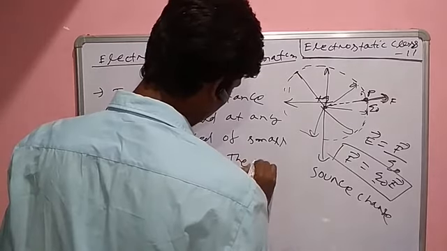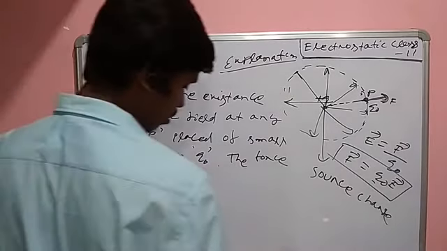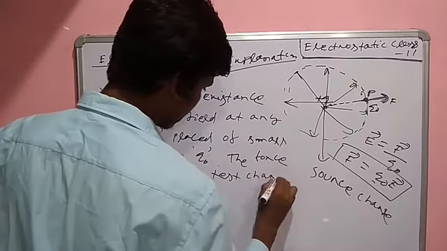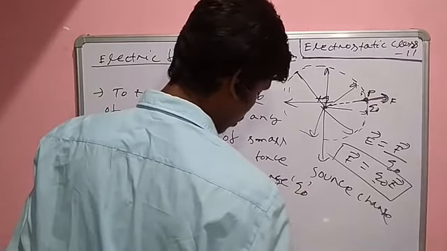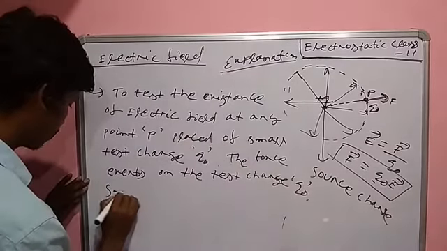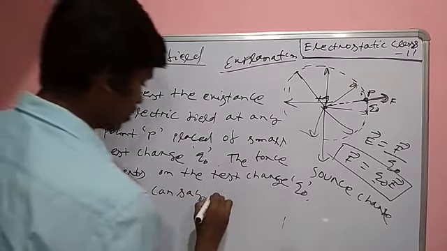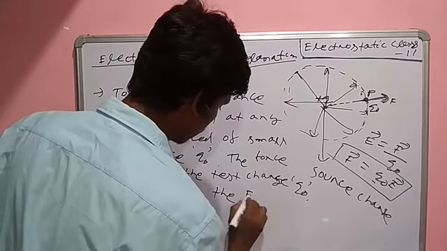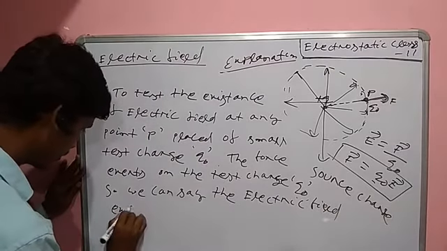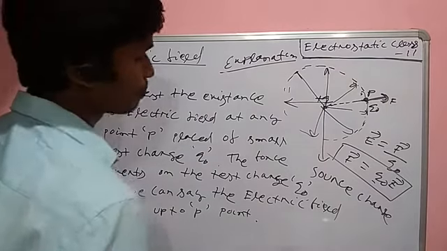The force exerted on the test charge Q0 is observed. So we can say the electric field exists up to point P. Yes or no? You can write it down.